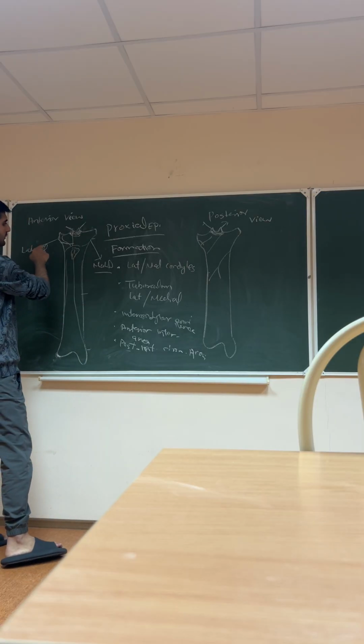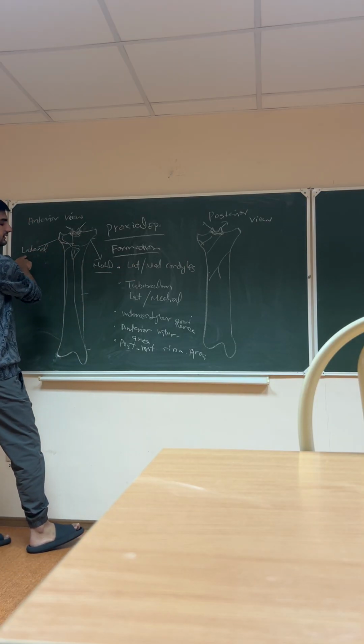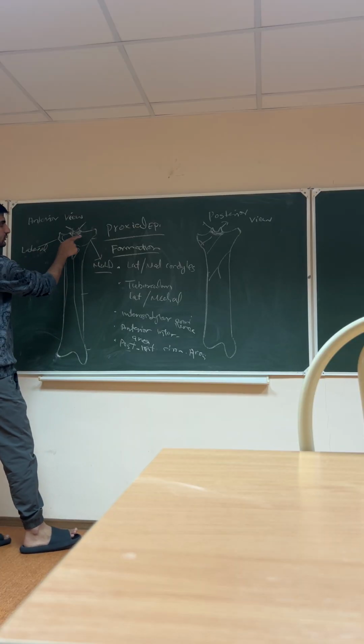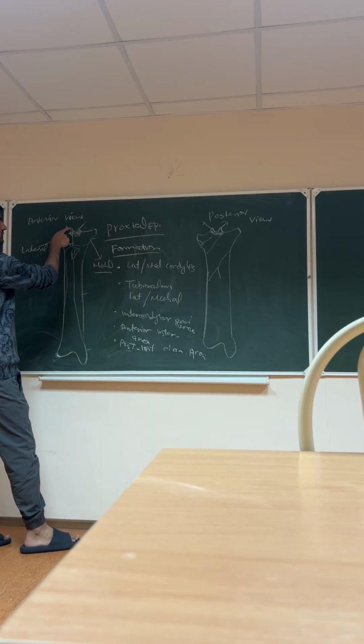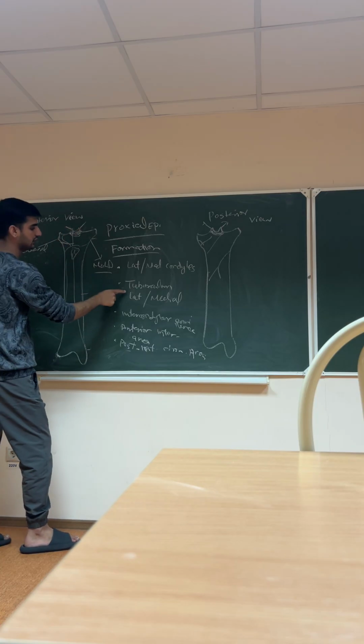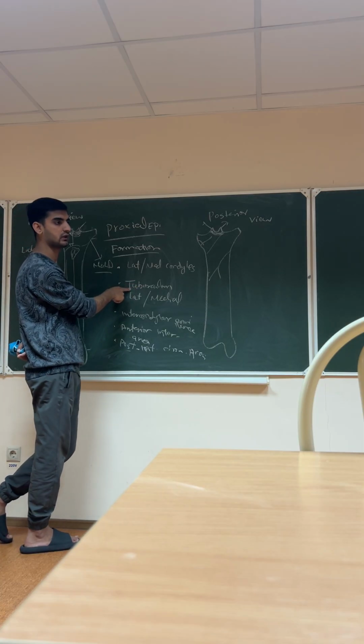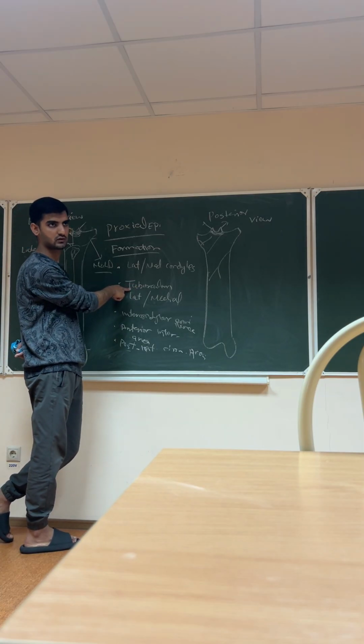Again, first we have the condyles: the lateral condyle on the lateral side and the medial condyle on the middle side, condylus lateralis and condylus medialis. Then we have the tubercles, tuberculum lateralis and tuberculum medialis.